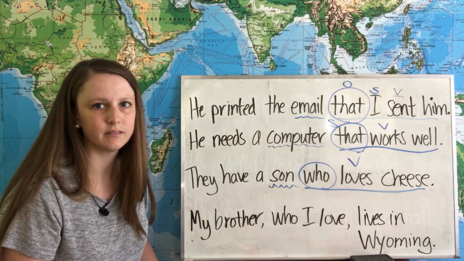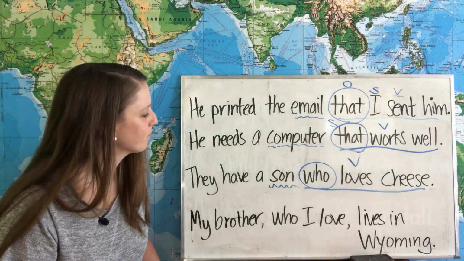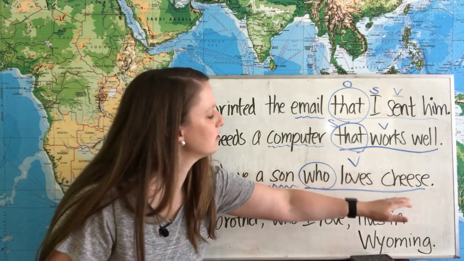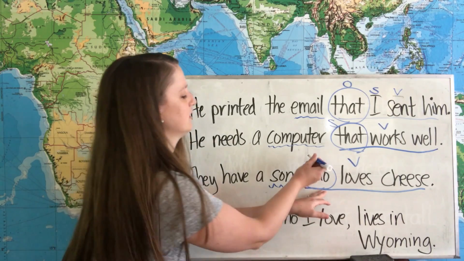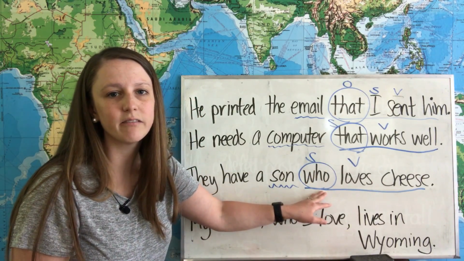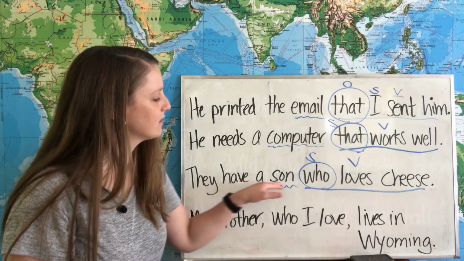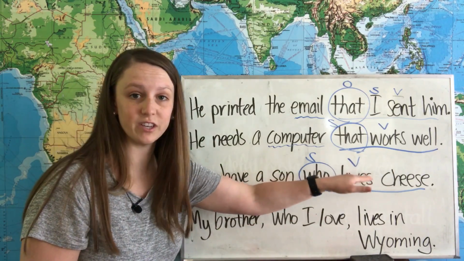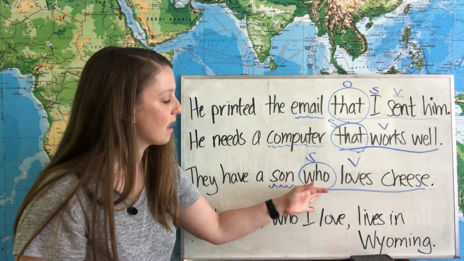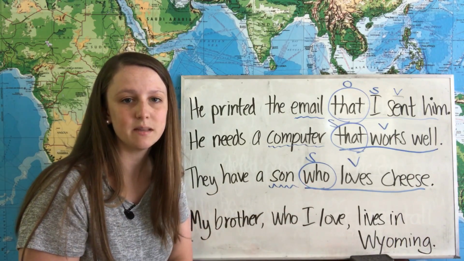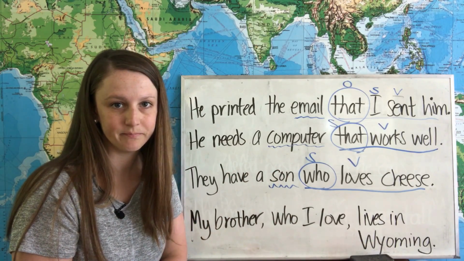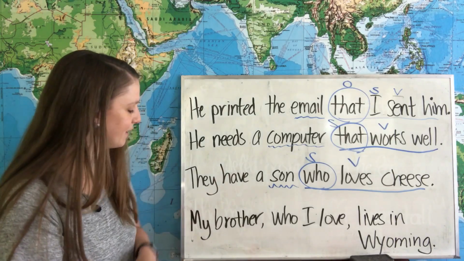And who loves? What's the subject for that verb? They have a son. The son loves cheese. So here's our subject, because who here is taking the place of the son. They have a son. The son loves cheese. We combine them using an adjective clause, and this relative pronoun takes the place of the son, of the subject of the sentence.